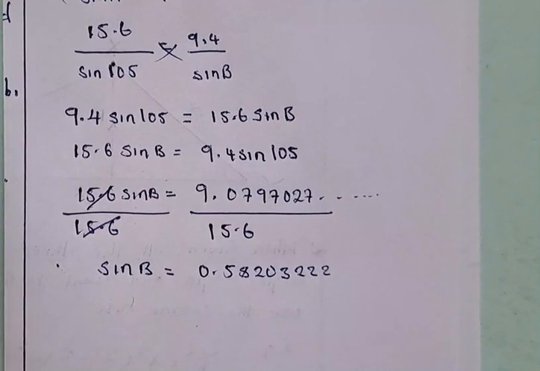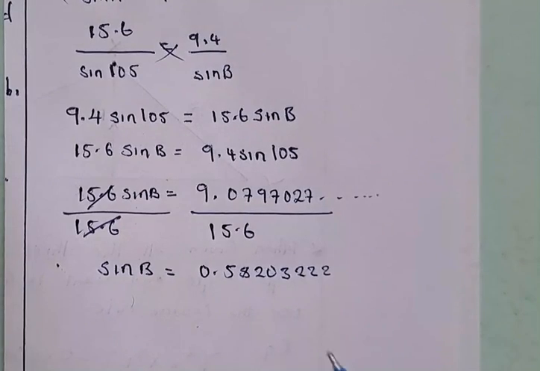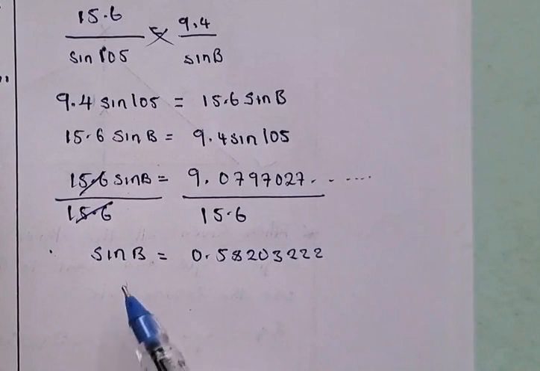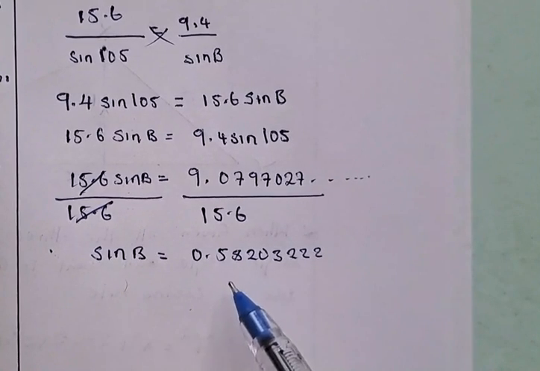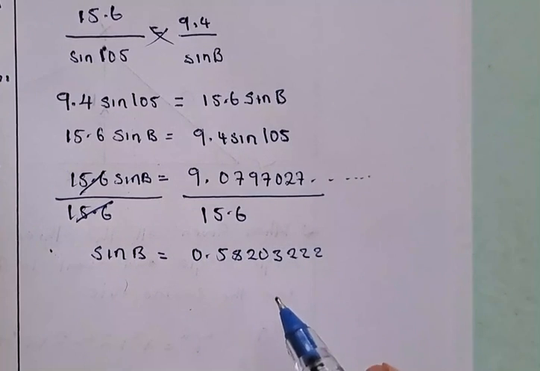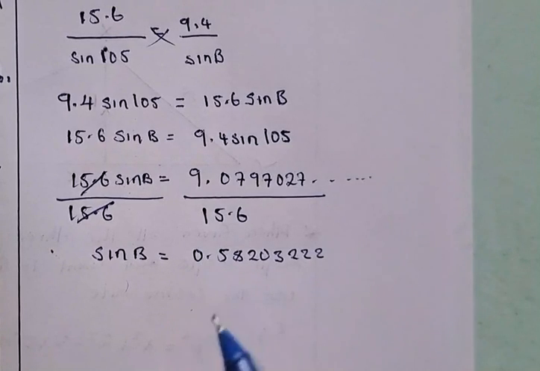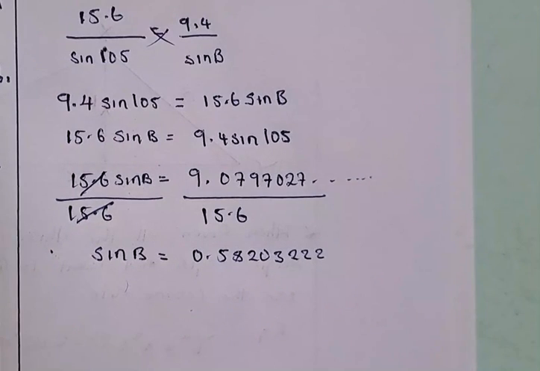finding the final answer. So now what I want you to do after finding this answer, I want you to press second function sine, and then you place this one. That will be the angle that we are looking for. I know that the sine of 0.5 is 30. So let's see what we're going to get.